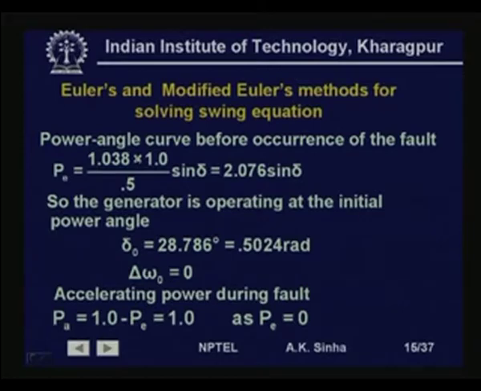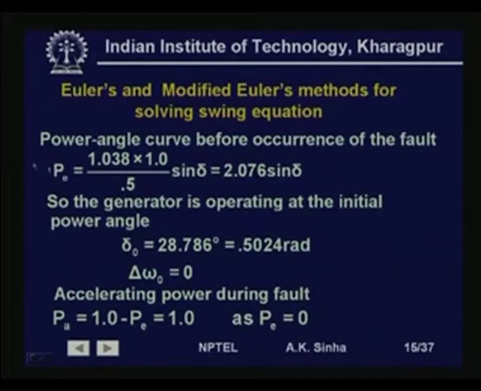So, now we will use the modified Euler as well as the Euler method and see how these two methods work for this problem. We start with this power angle curve before the occurrence of the fault, given by the relationship that we have seen. The generator is operating at initial power angle delta 0 equal to 28.786 degrees, that is the initial angle before the fault occurs.